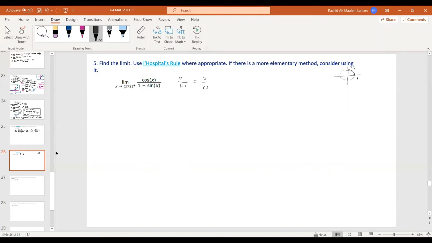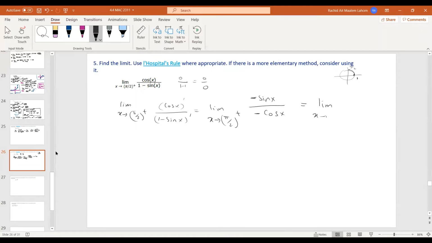So we need the limit as x approaches pi over 2 from the right side. The derivative of cosine is negative sine, and the derivative of 0 minus cosine gives negative by negative, which is positive.